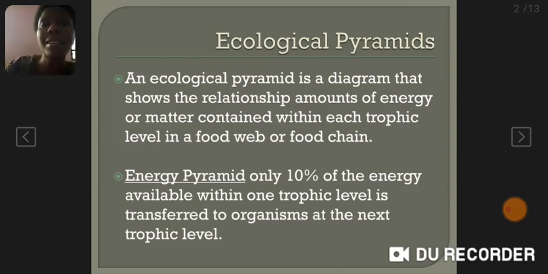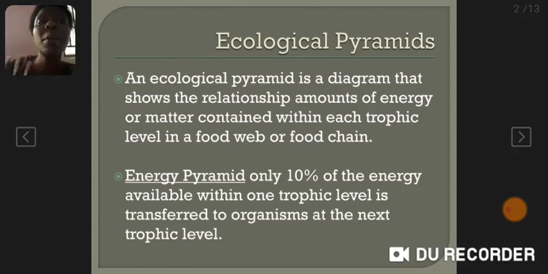That's why we have 3 kinds. Now, if the pyramid will be showing you the amount of energy in that ecosystem at each trophic level, that one will be pyramid of energy. If it will be telling you the number of organisms in the unit area of that ecosystem at each trophic level, that one is pyramid of numbers. But if it will be showing you the biomass, the amount of matter of organisms in a unit area of that ecosystem at each trophic level, that will be pyramid of biomass.